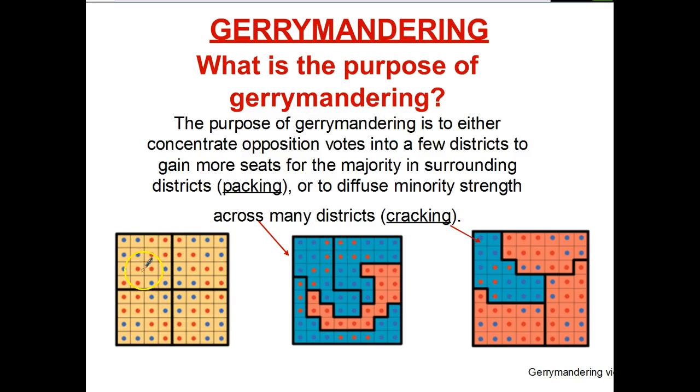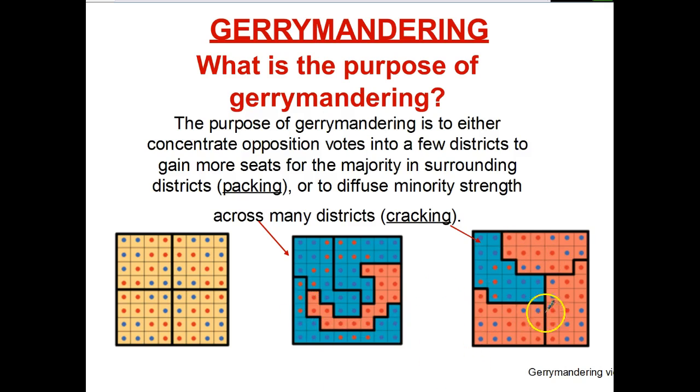If you look at this, we actually have an equal number of blue dots and red dots within each box. So they're absolutely equal, but you'll notice how they're presented. Blue tends to be centered in the middle and the red tends to be toward the outline areas. The first thing you can do is what's called packing. Packing is where you pack all of one party into one district, and that takes away their power in other districts.